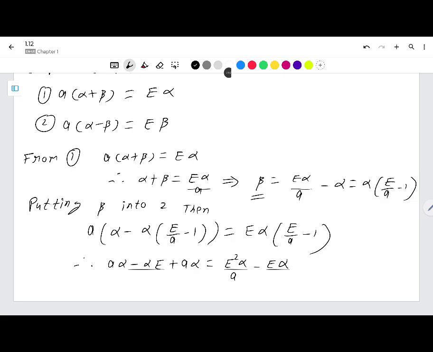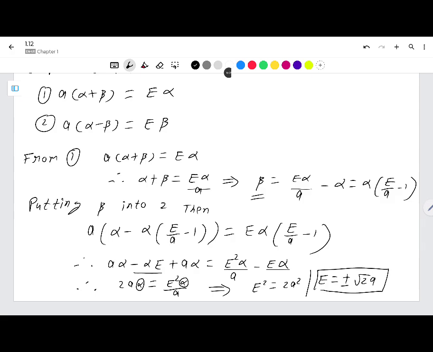These both terms will cancel, leaving E square alpha upon A. This alpha will cancel, so E square equals 2A square, so E equals plus or minus root 2 A. So these are the two eigenvalues.